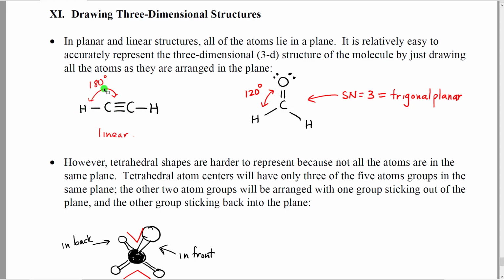Well, 180 degrees in a line, we can just draw all of those atoms in a line on the paper, and that would be a pretty accurate 3-dimensional representation. Similarly, trigonal planar shapes and geometries, because they are planar, we just draw all of the atoms in the plane with a 120 degree angle between them, and that's a pretty accurate representation.